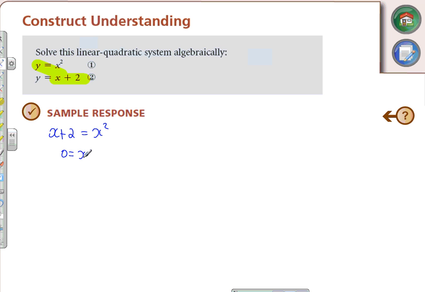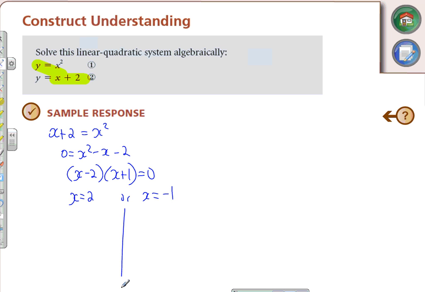So 0 equals x squared minus x minus 2. Let's factor that. x minus 2 and x plus 1 equal to 0. So x is either equal to 2 or x is equal to negative 1. There's our two answers, so we've got two intersection points that we're going to have to work with.